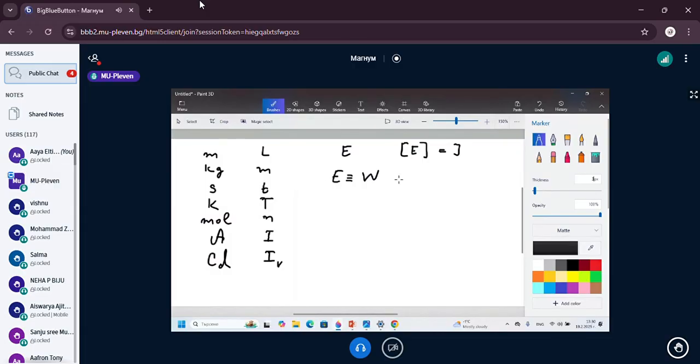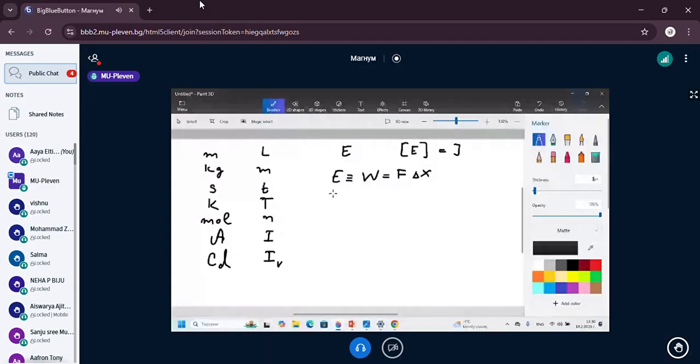And work in mechanics is defined as force times displacement. I'm going to write it in this way. Sometimes delta, the symbol for the change in location, we substitute by the symbol for differential.